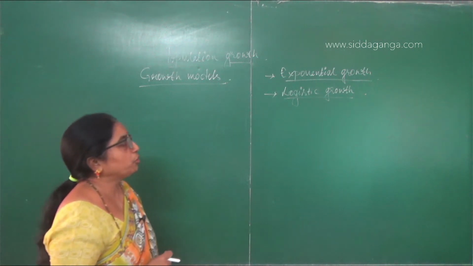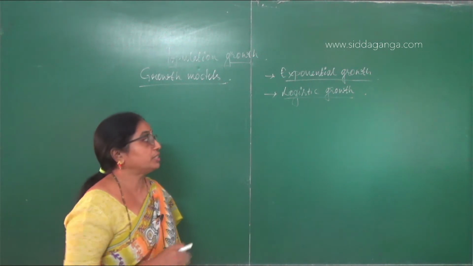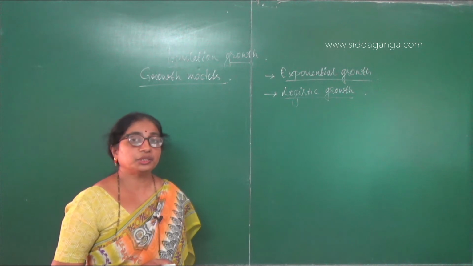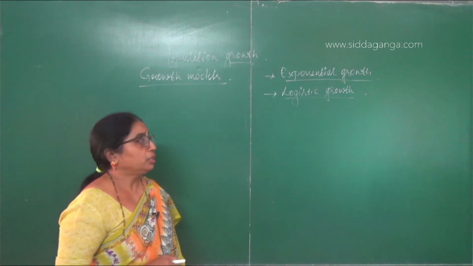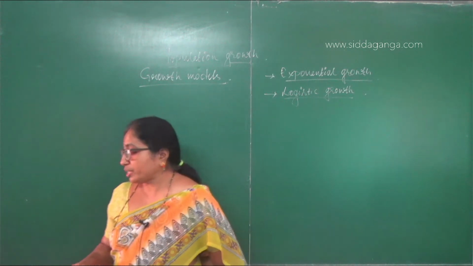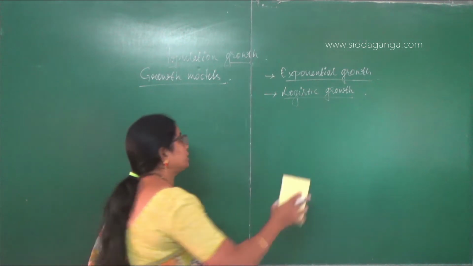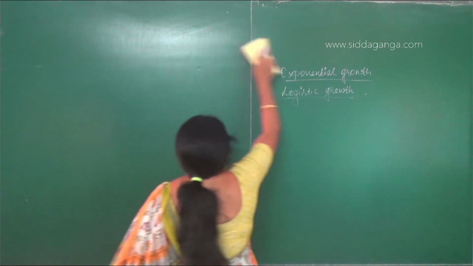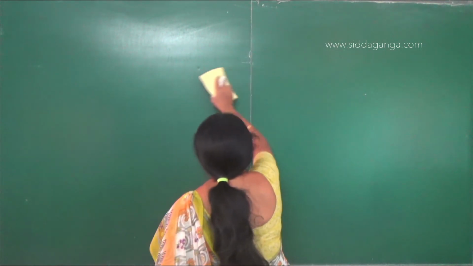So population growth can be of two types. One is called exponential growth and the other is called logistic growth. Each of which we will take in detail and try to understand what is exponential growth and what is logistic growth. So to start with, exponential growth.